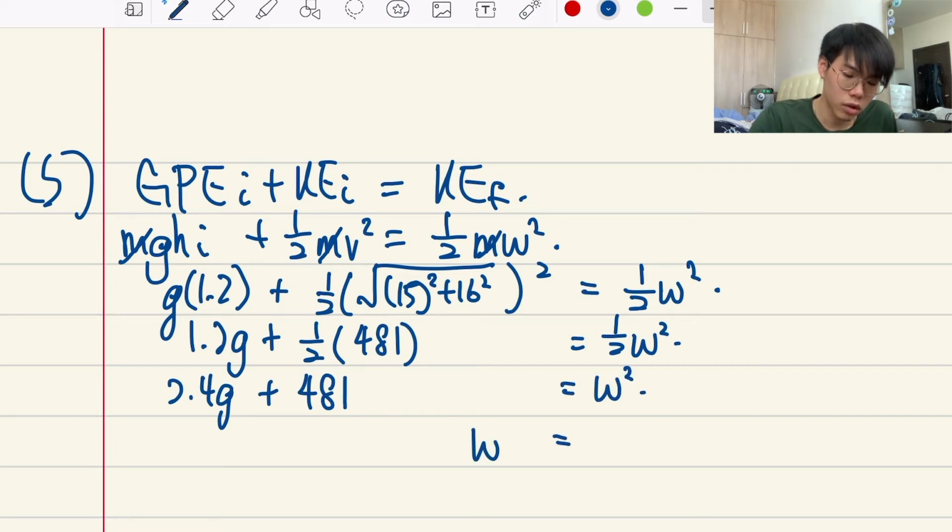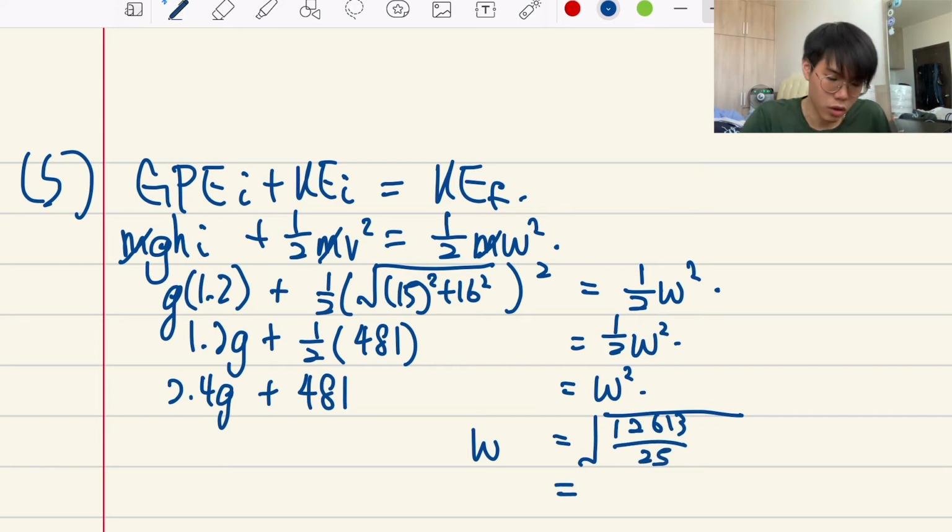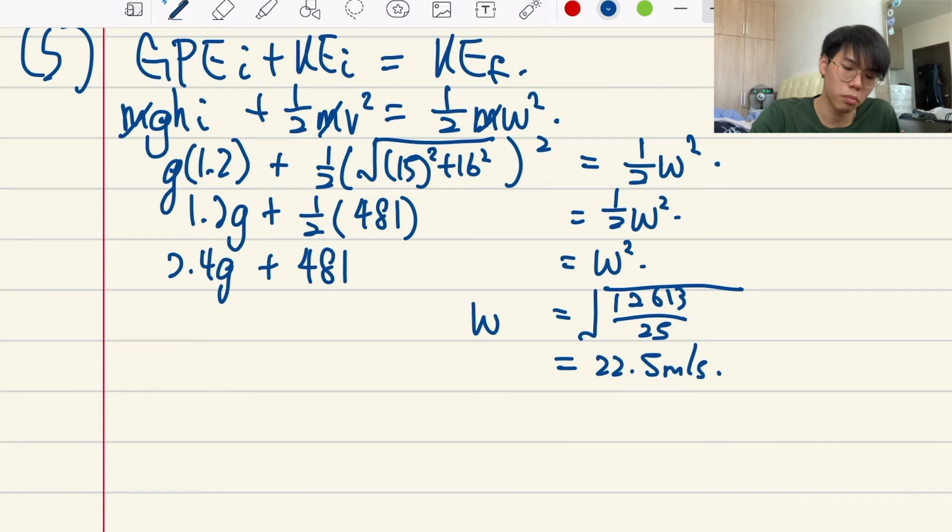So w is equal to square root of 12613 divided by 25, which is 22.5 meter per second. Since I used g, I put my answer to 2 significant figures.